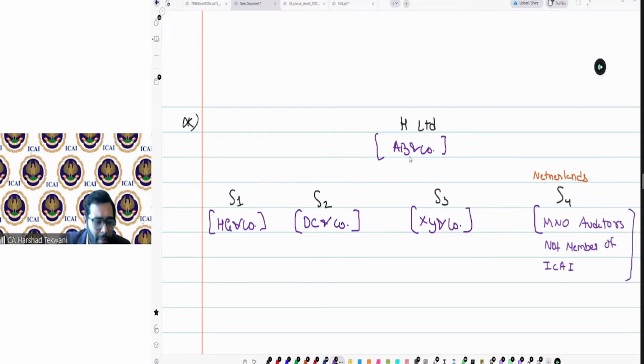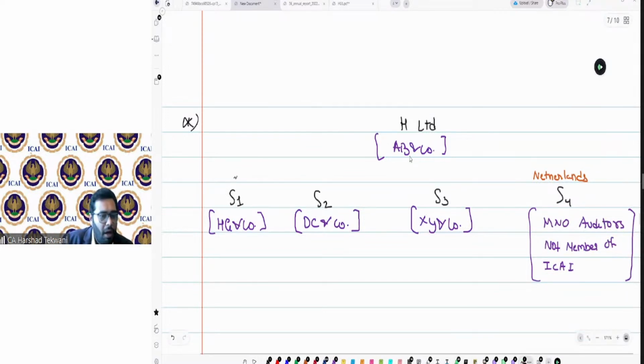Okay, they are not members of ICAI, but they are the auditors as per local laws. Now this is the structure, or this is the way. Okay, auditors are there.